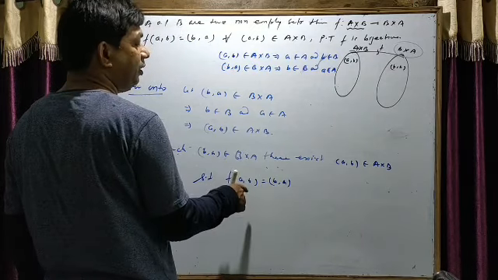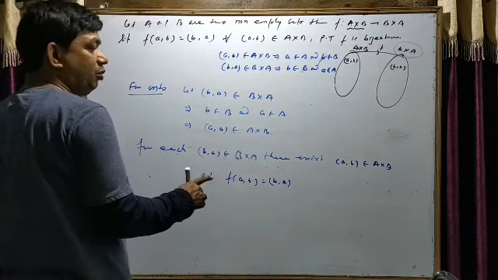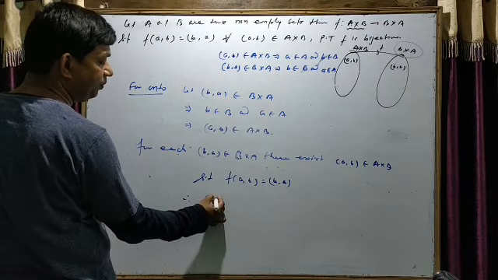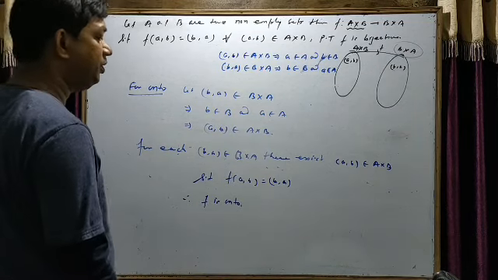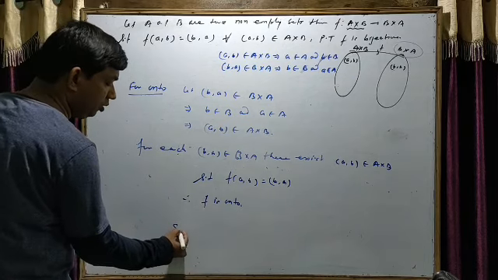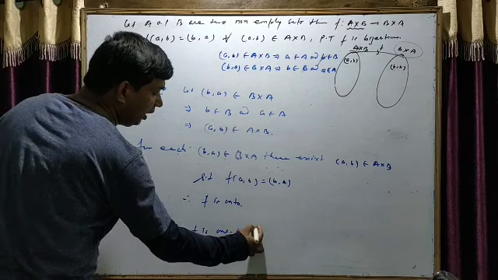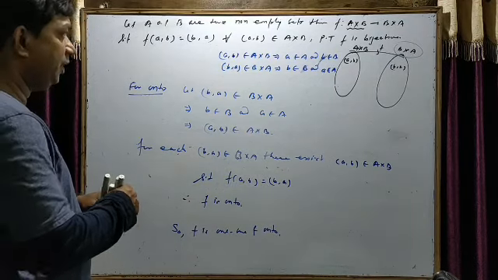So what it is, range equal to codomain. So if range equal to codomain, that means therefore f is onto. So f is onto, and first of all f is one-one, and here f is onto, so one-one and onto. Okay.